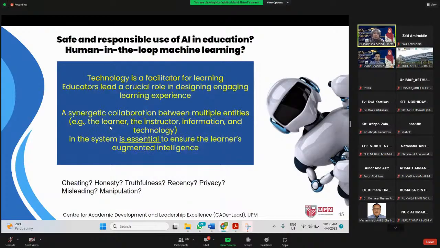This means the learner, the educator slash instructor, the information and the technology. And this is essential to ensure the learner's augmented intelligence.